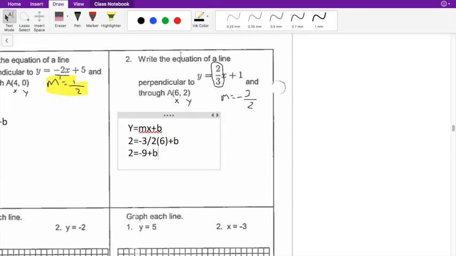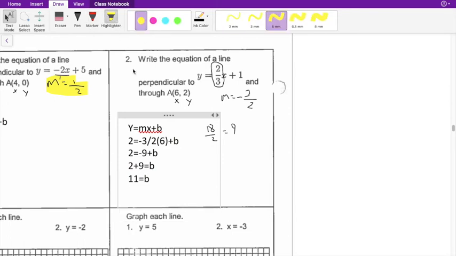The other way you can do it is you can go 3 times 6 is 18, over 2, and 18 divided by 2 is going to be 9. So then we have 2 plus 9 equals b, so 11 equals b.